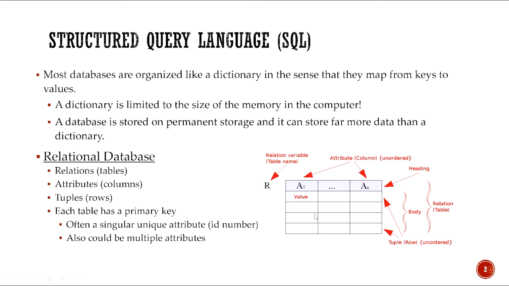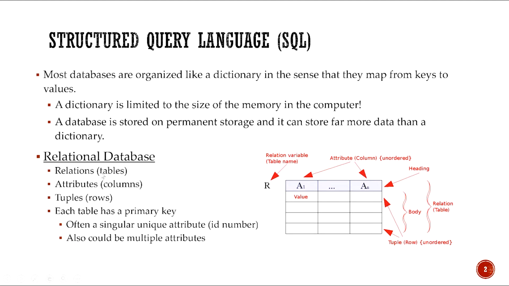As you can see here, each table consists of columns and rows. Each column is an attribute, and each row represents one tuple or record.